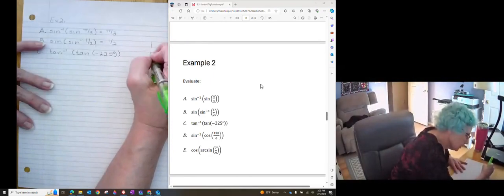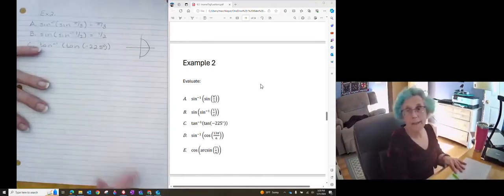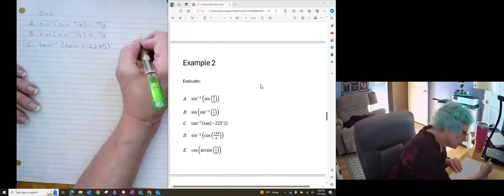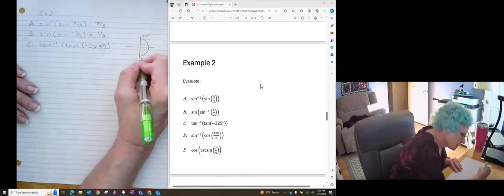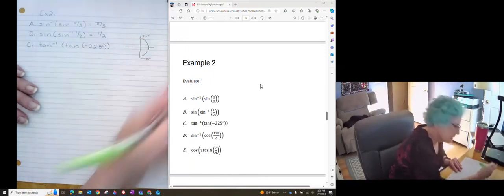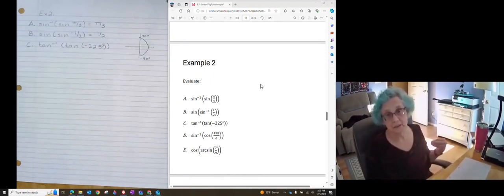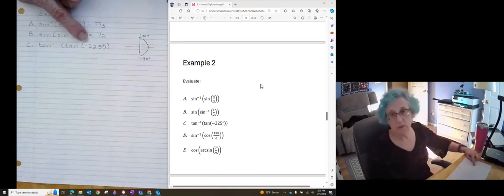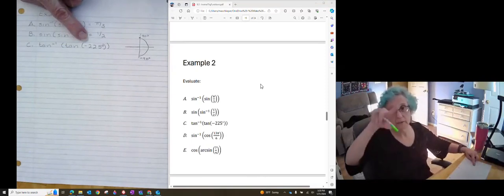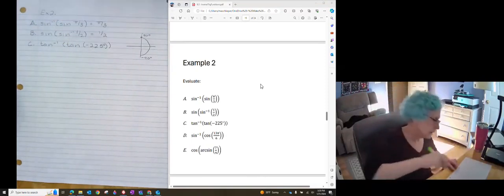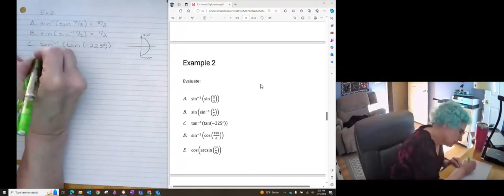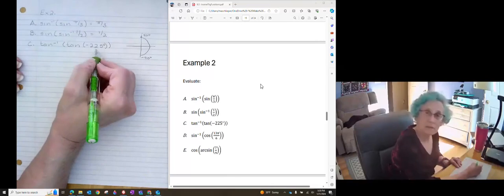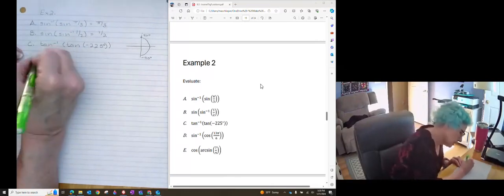So if we're looking at this right-hand side of the unit circle, this is 90 degrees. This is -90 degrees. Well, -225 does not live in that little area there. So we're going to have to figure out what the tangent of -225 degrees is.